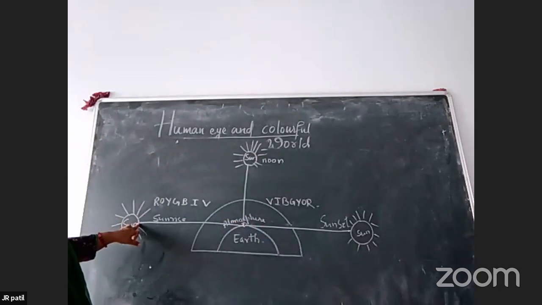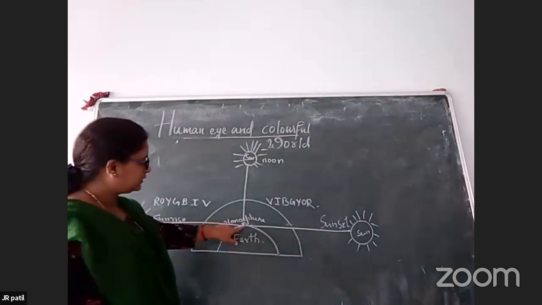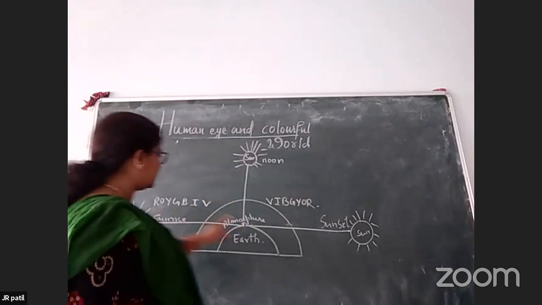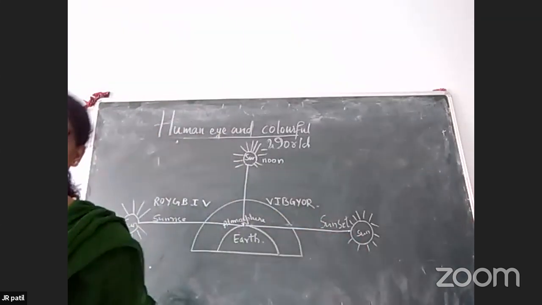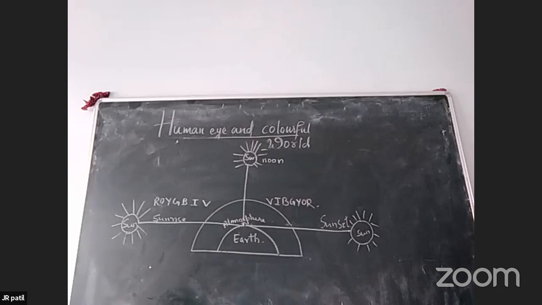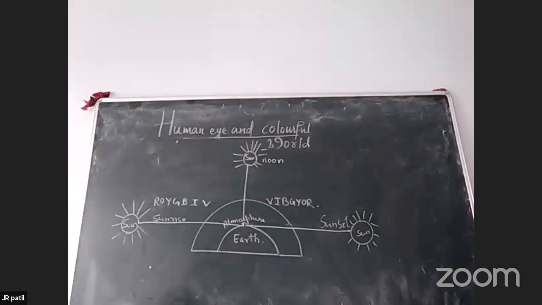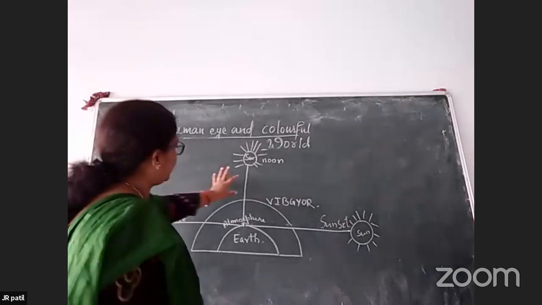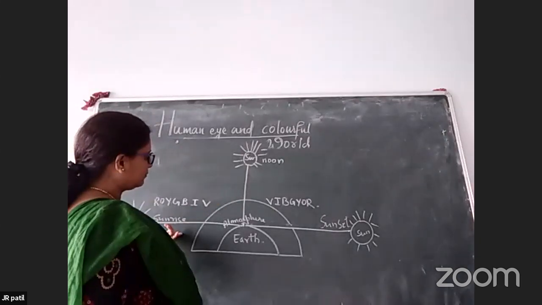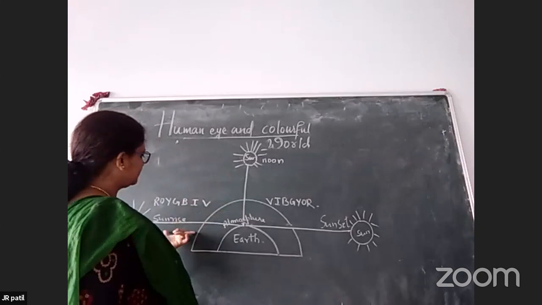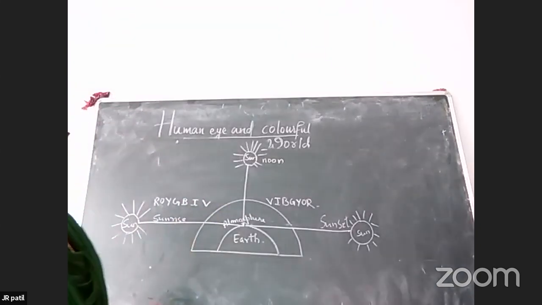When the sun is right overhead, is the distance between the earth and sun more, or is this distance more? Both are the same, ma'am.